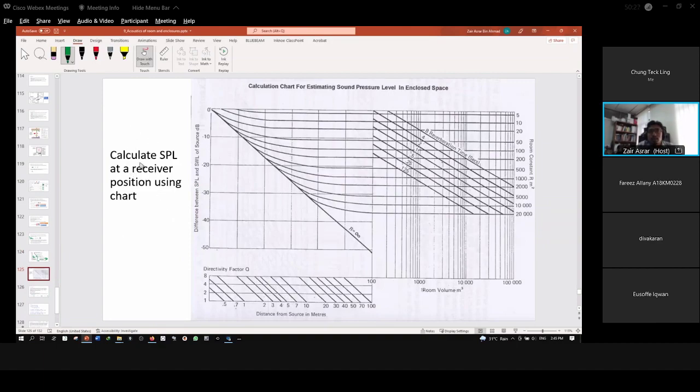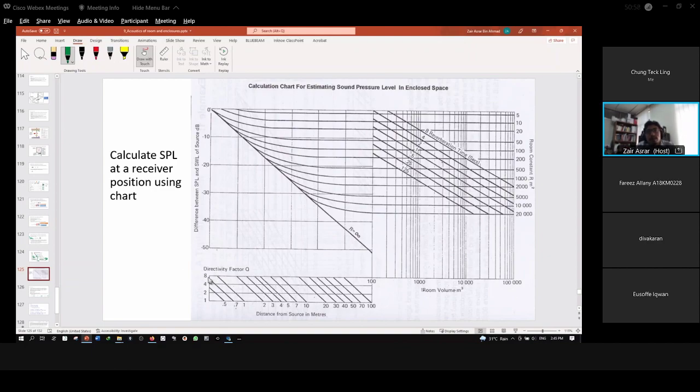We can also calculate the sound pressure level using charts. For example, we have the relationship between sound pressure level and sound power level, and then we have what we call room volume. Room volume will dictate the reverberation time, and of course this will also dictate the room constant.